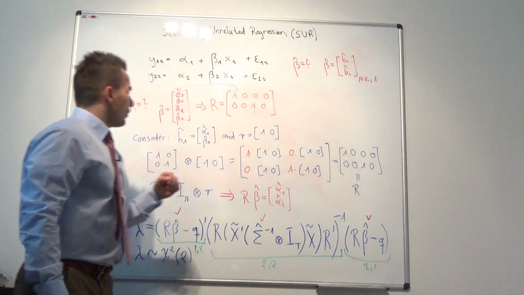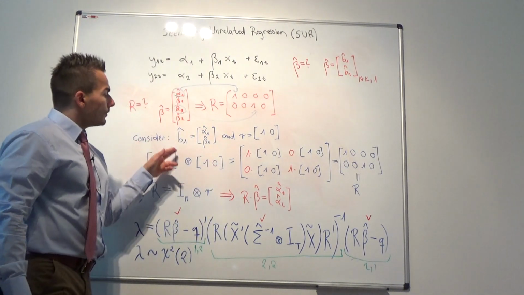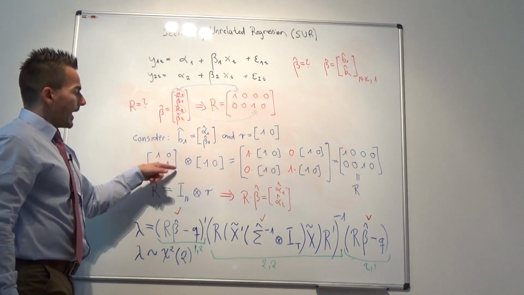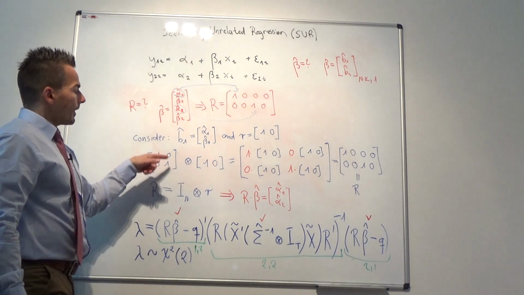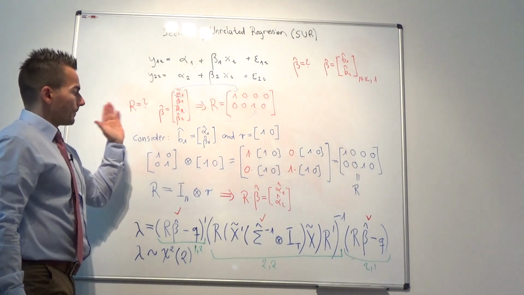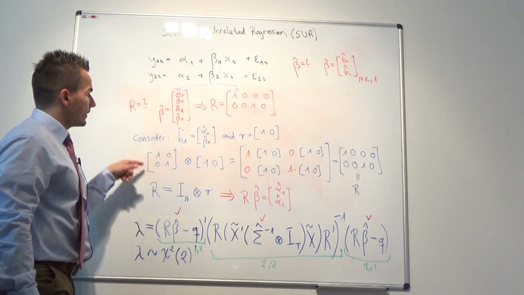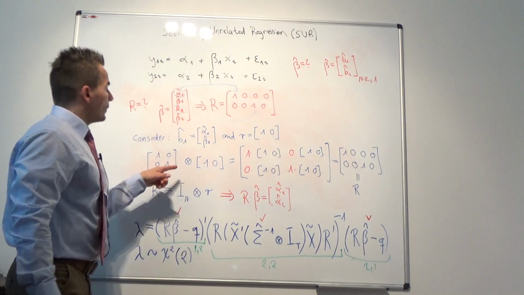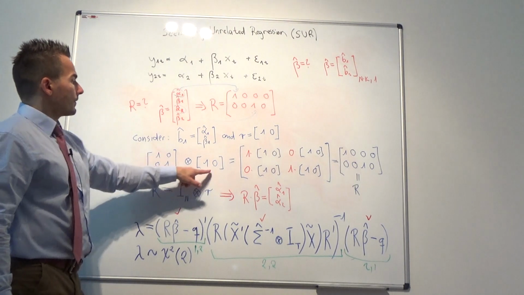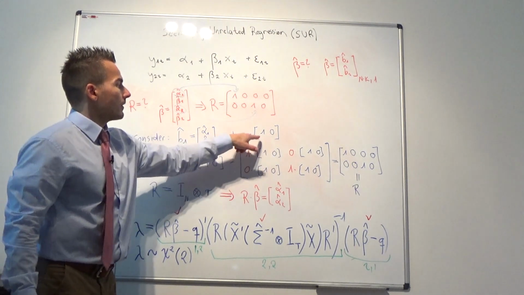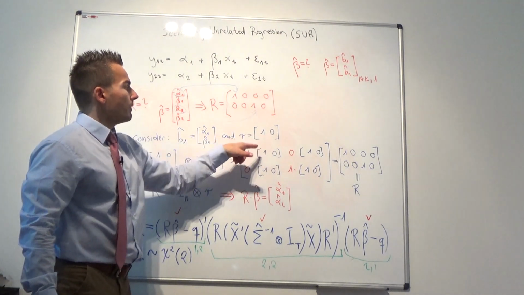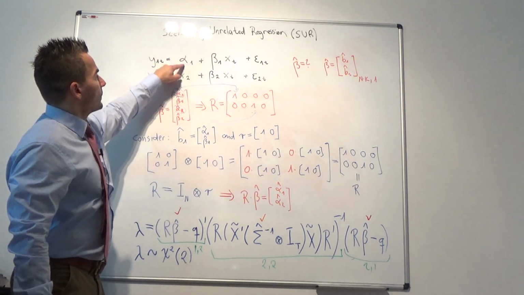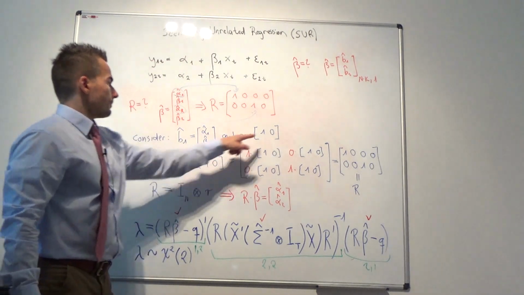So now what we can do is use an identity matrix that has the dimension n by n, because we have n equations. So this is the identity matrix of dimension n, and we use the Kronecker product with this vector that we just defined, which is a 1 by 2 vector, again indicating the position of where to find the intercept term.